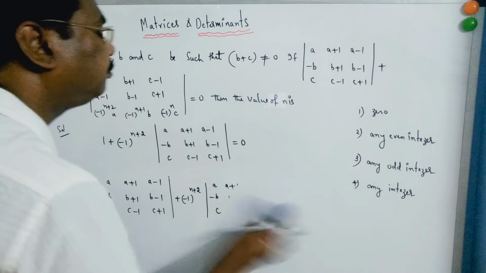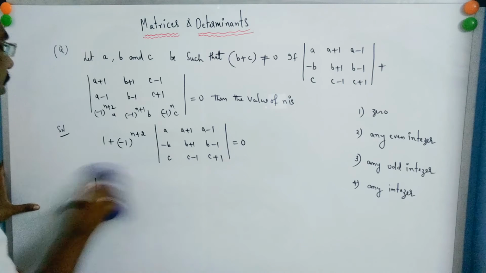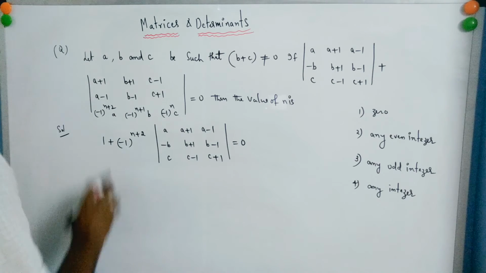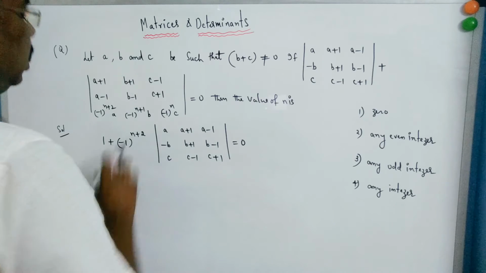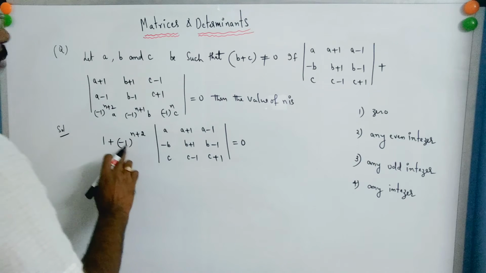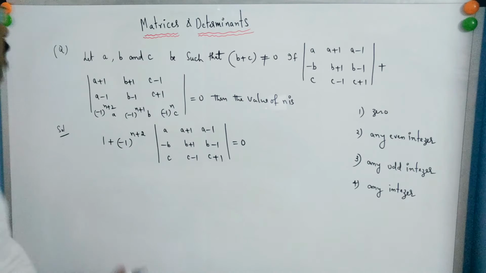Okay, now here this value, now n is any odd integer means minus 1 plus 1, that value is 0.